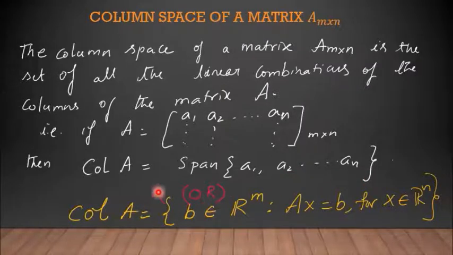Or you can define like this also. Col A, that is column space A, is equal to the set containing b belonging to Rm such that Ax is equal to b for x belonging to Rn. So this definition looks a little tricky, but if you observe here, you take any vector x within Rn, means with n rows, and then multiply that with A, then what will you get?